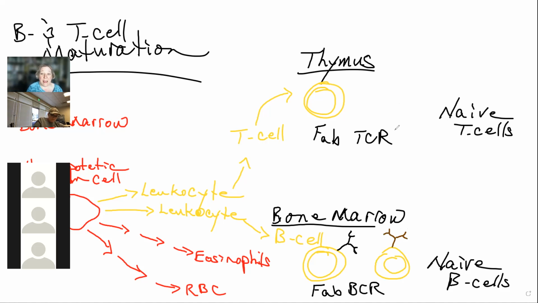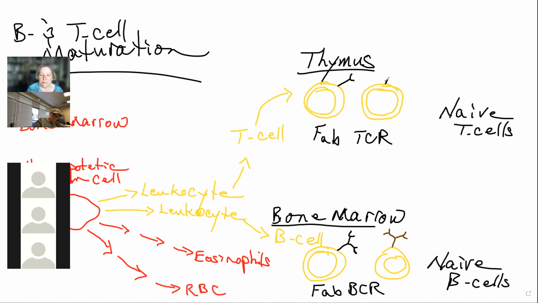And the same thing is going on up here with the T cells. But they're not going to make antibodies. They are going to be looking for specific antigens, just like the B cells are, but they display what antigen they're looking for on their T cell receptor.